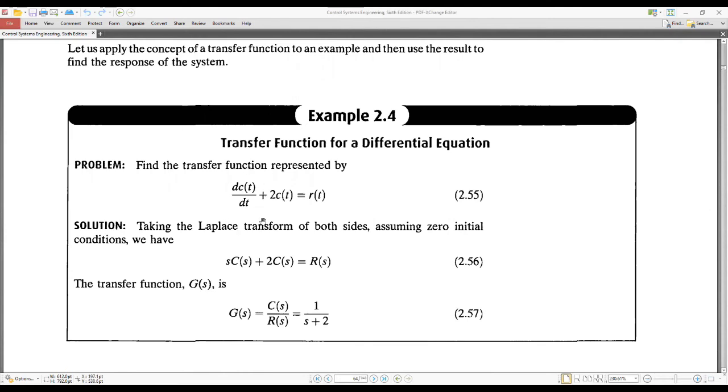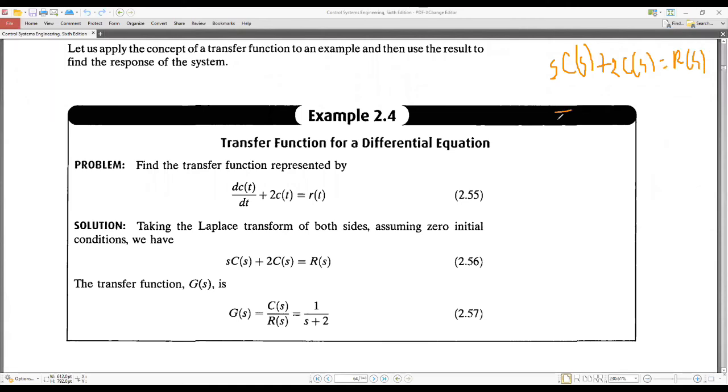Now how to find out the transfer function? Take the Laplace transform on both sides. If you take the Laplace transform, then s C(s) plus 2 C(s) is equal to R(s).